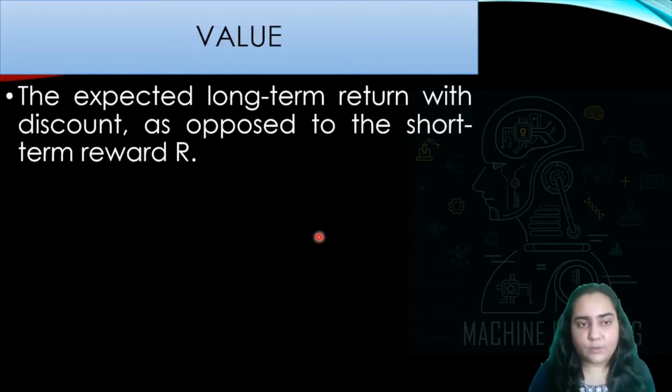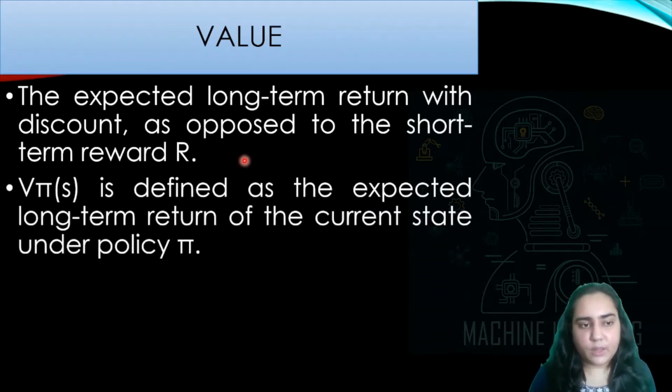Next, we have value. The expected long-term return with discount as opposed to the short-term reward R. So value is long-term, reward is short-term. It is denoted by V pi of S, defined as the expected long-term return of the current state under policy pi.